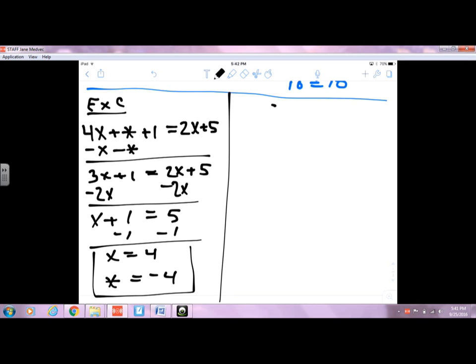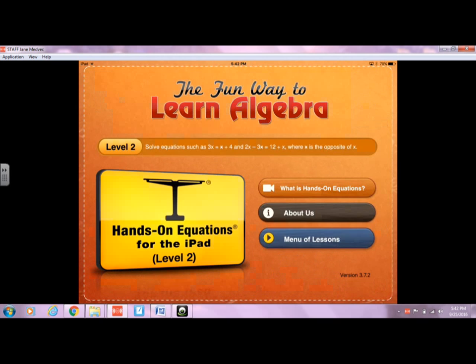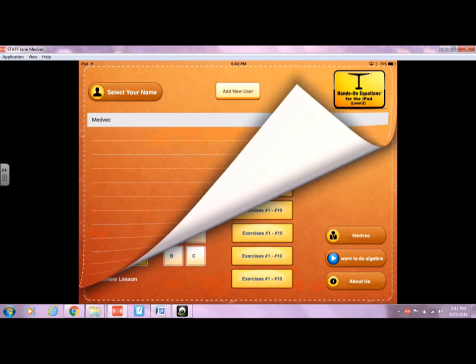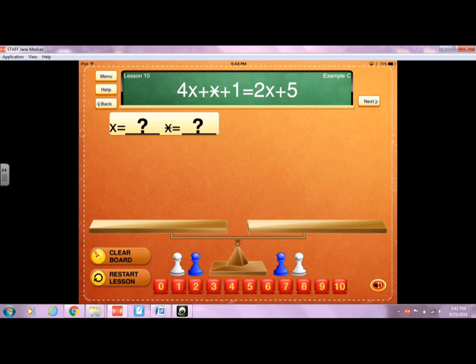So now my check, okay, before I go into my check, I'm going to go back into my app and I'm going to show you how we did this with my pawns. So again, I had 4x, 1, 2, 3, 4, and then I had a star, and then I had a number, and that equaled 2x plus 5.